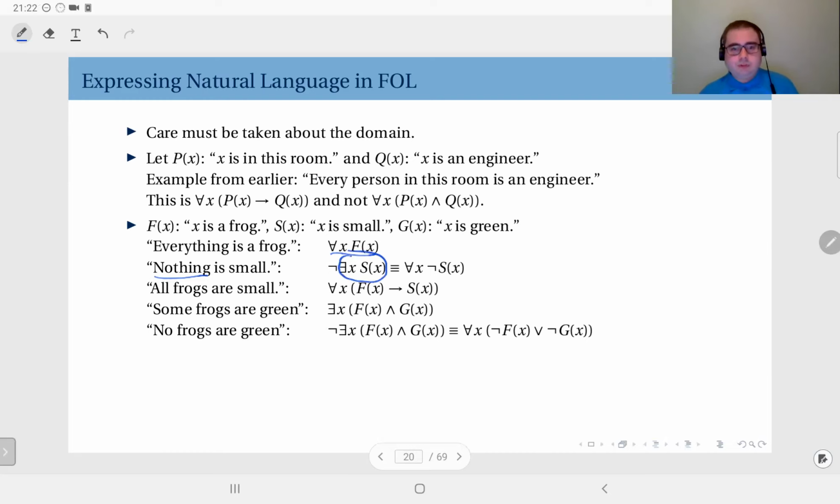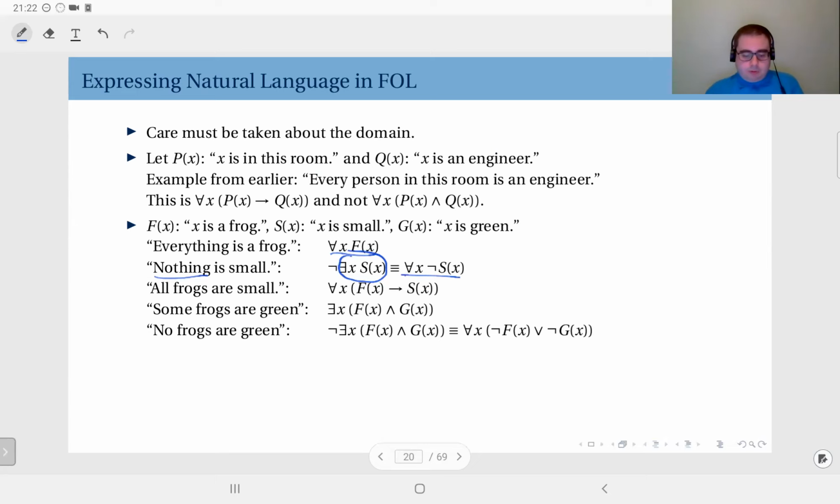There exists a small thing is negated. Okay, if you actually apply De Morgan's law, you get for all x not s of x. And so that means equivalently when you want to say nothing is small, you can say everything is not small, right?